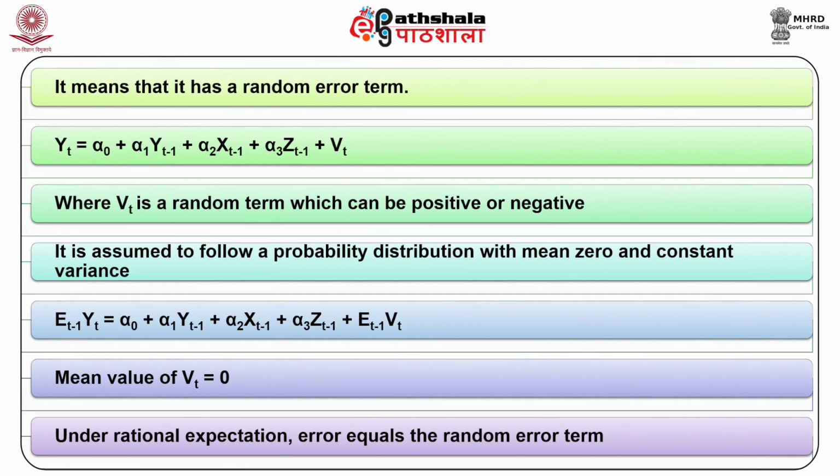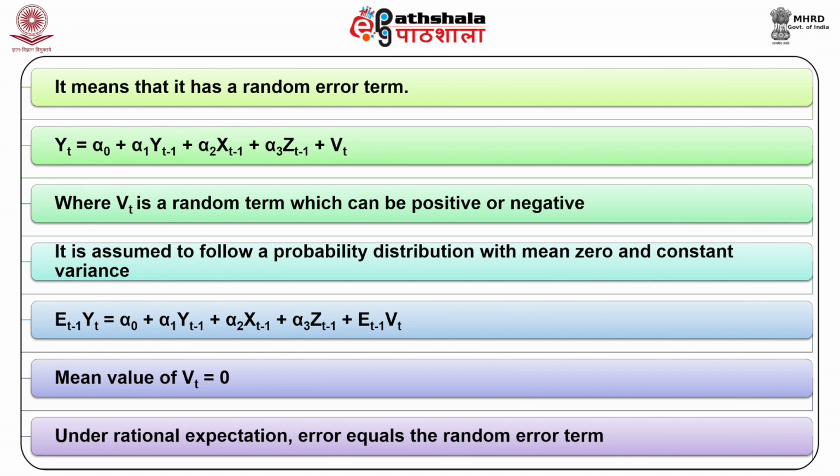Yt is equal to alpha 0 plus alpha 1 yt minus 1 plus alpha 2 xt minus 1 plus alpha 3 zt minus 1 plus vt, where vt is a random term which can be positive or negative. It is assumed to follow a probability distribution with mean 0 and constant variance.